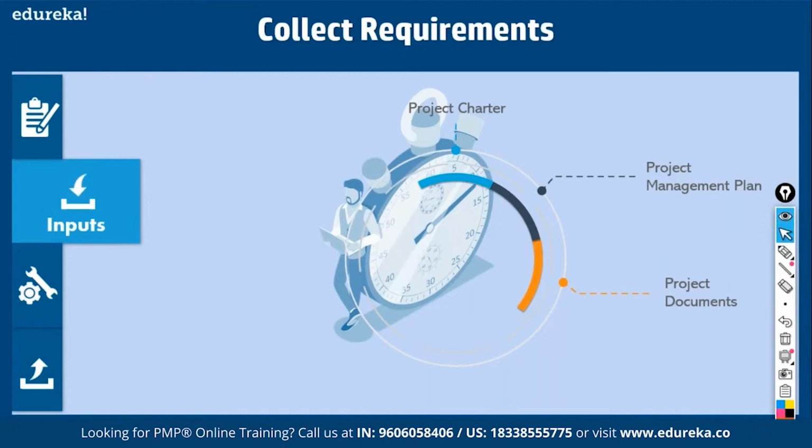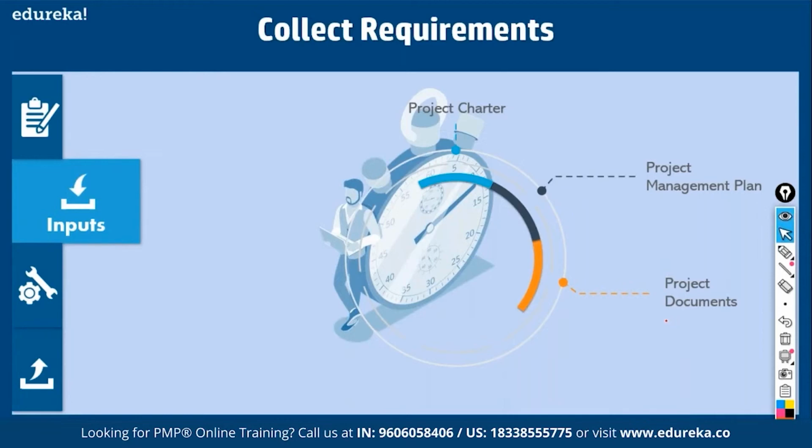So it is either a plan or it is a document. Okay, so any document, for example, you have a business case. Before you launch a project, you have a business case. The business case tells you what the high level requirements for a product are. That will guide you. Okay, so then you have a plan called the benefits management plan that tells you how to manage benefits. Okay, so there are a lot of project documents. So these will guide you in collecting requirements.